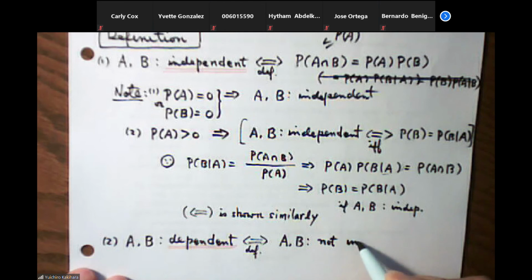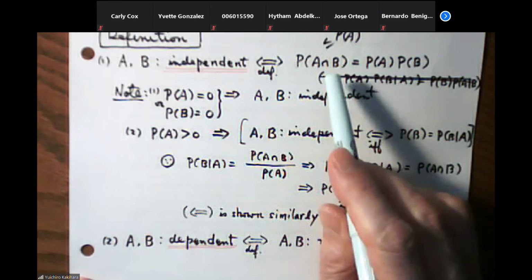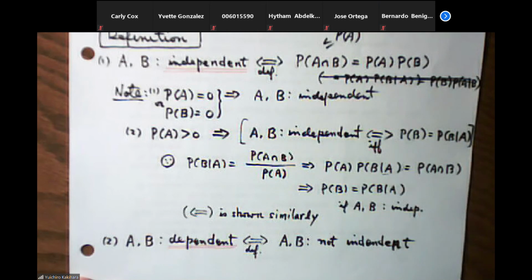Not independent is dependent, just like rational number and irrational number. Irrational is not rational. Dependent is not independent. So this is the definition. Independence is defined for two events when the probability of the common event is the product of each event probability. That's the definition.